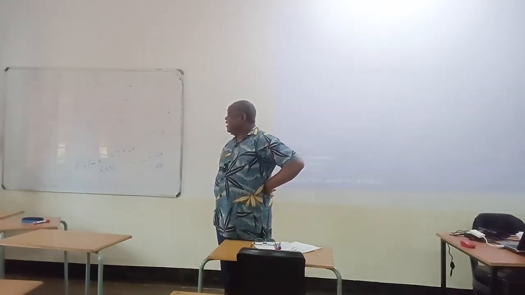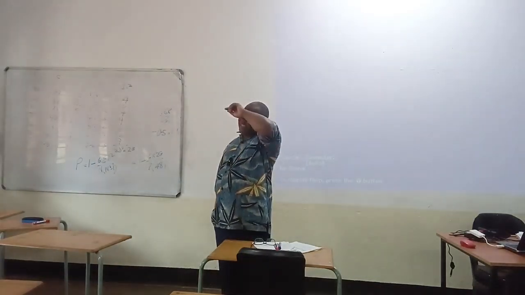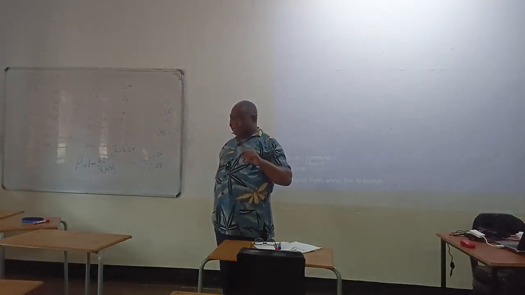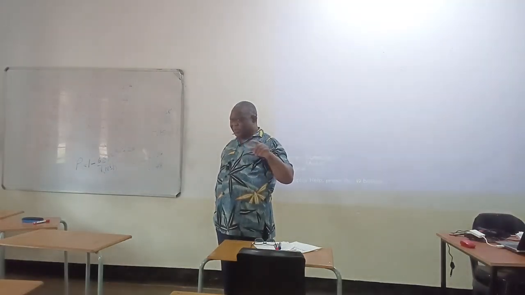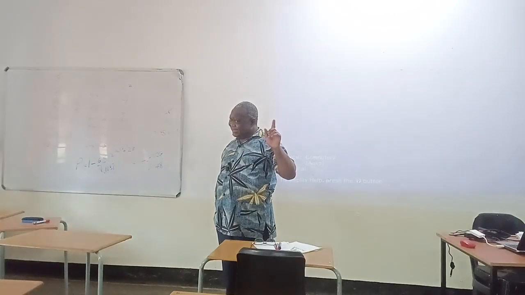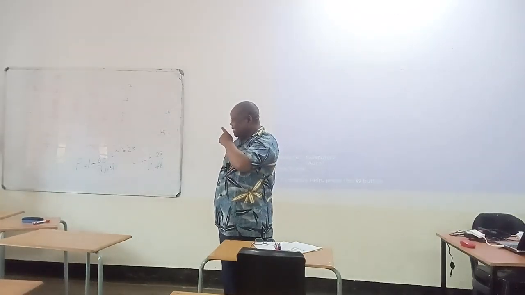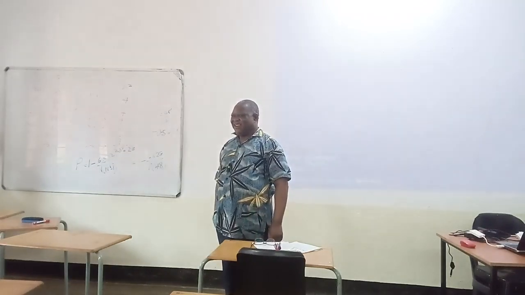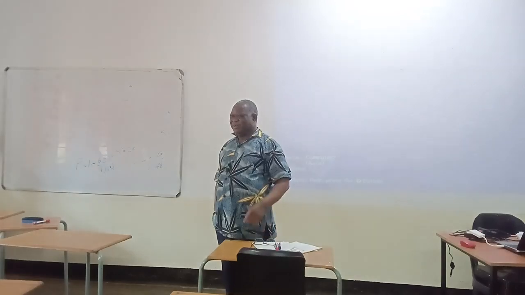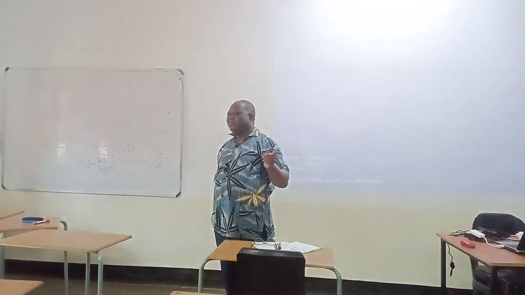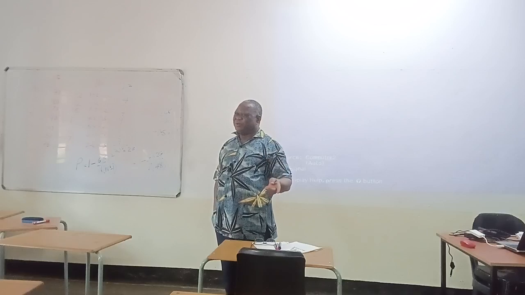When we were doing product moment correlation coefficient, were you there? When we were doing the computations? That one is much more complicated than this one. You remember how to come up with standard scores. You must first compute a mean, and then from the mean you should also compute a standard deviation.